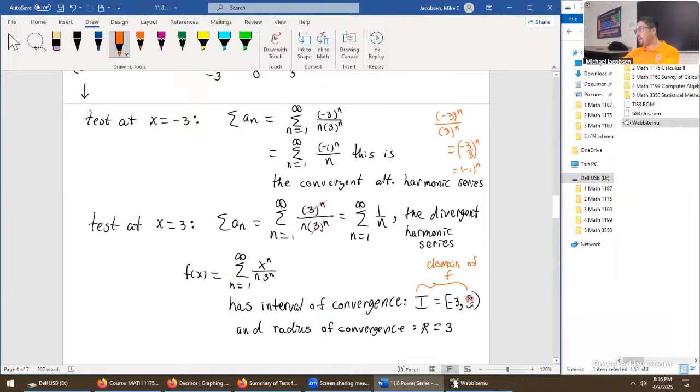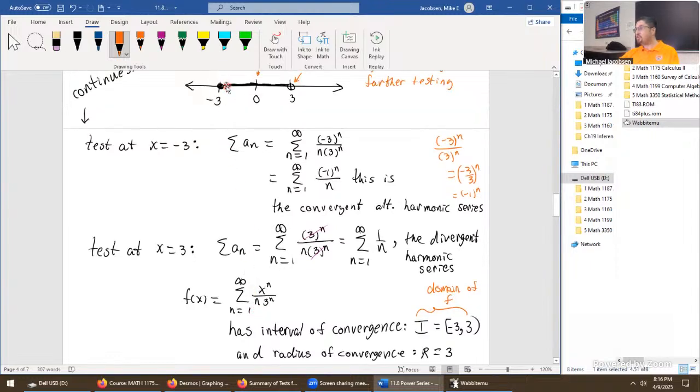For every value of x in this domain, this is almost an ordinary function like you would expect. Except there is one problem here. The convergence is absolute on the inside of this domain, but the harmonic series is conditionally convergent. So it's actually weak convergence on the very left point at -3.